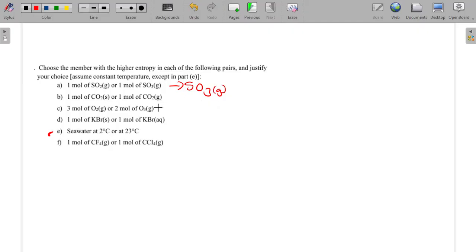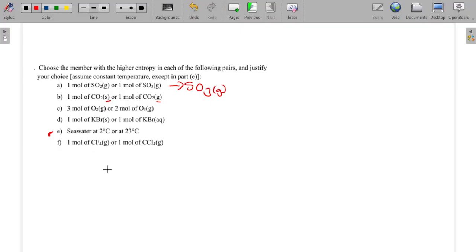We go to the second one, saying 1 mole of carbon dioxide as a solid and 1 mole of carbon dioxide as a gas. We have the same number of moles, but this carbon dioxide is a solid and the other one is a gas. Which one has greater entropy?